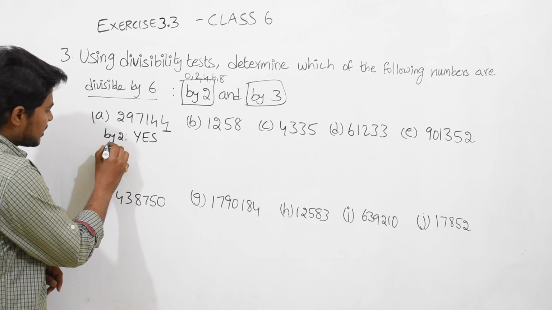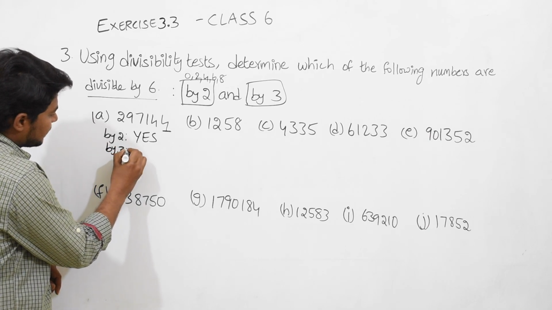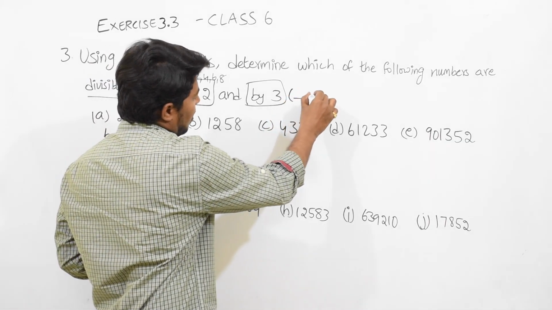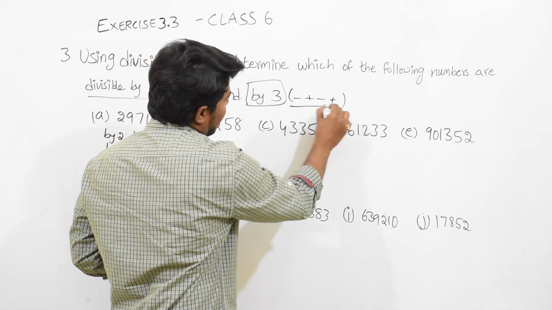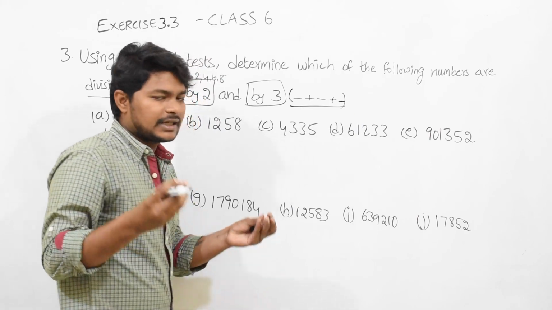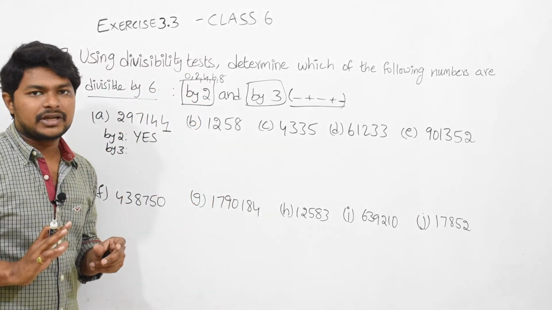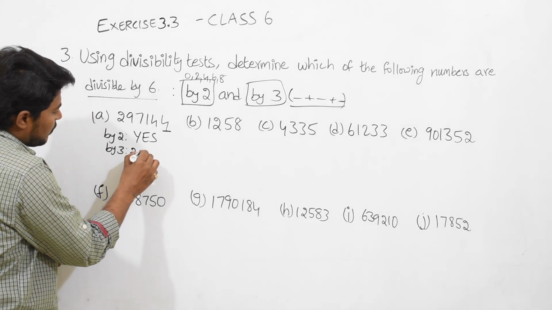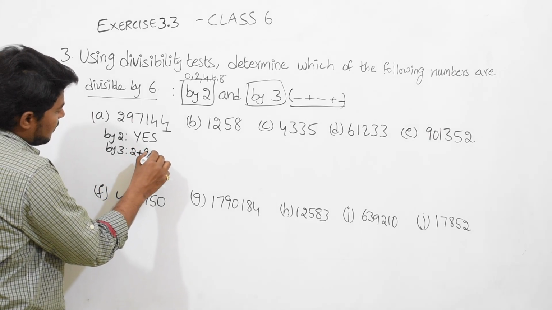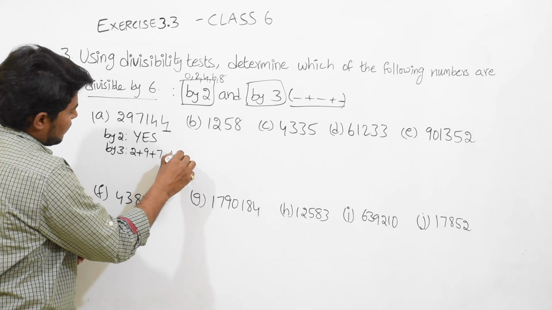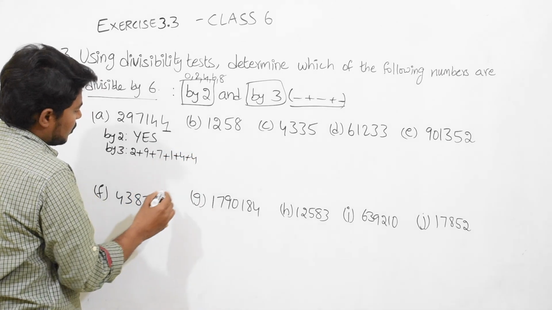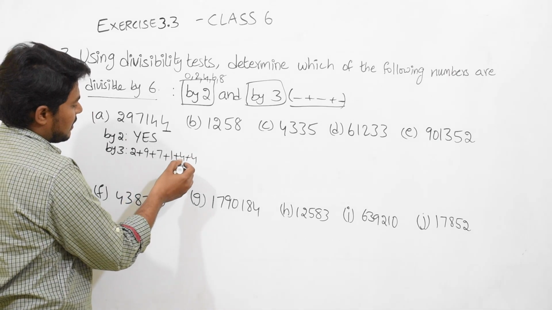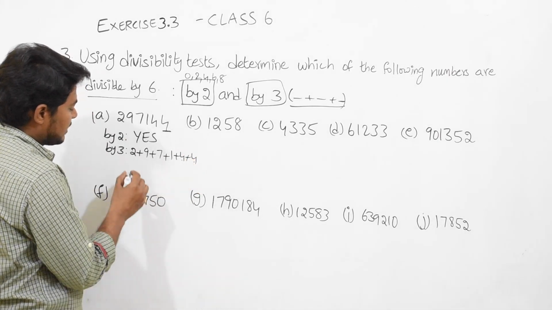Now we check the divisible by 3 condition. What is the divisible by 3 condition? You should add all the digits and check whether the sum is divisible by 3 or not. See here the digits are 2 plus 9 plus 7 plus 1 plus 4 plus 4. 2 plus 9, 11, plus 7, 18, plus 1, 19, plus 4, 23, plus 4, 27.